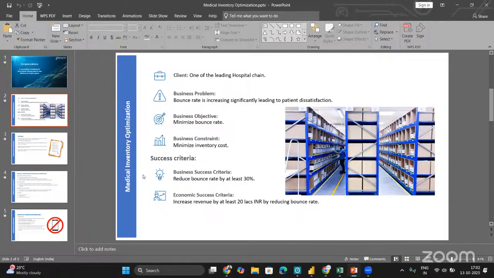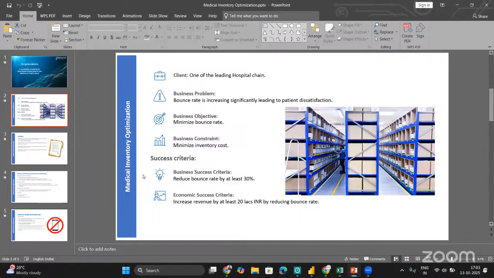That means patients are coming, they inquire about that, they are showing the prescription, but maybe for some reason, due to high prices, or we are not providing them discounts, or maybe stock-out medicines, or maybe expired medicines like that.